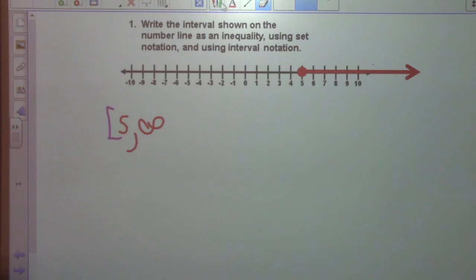So this right here is called our interval notation. And then there's inequality notation.